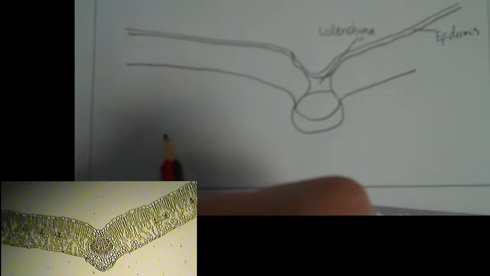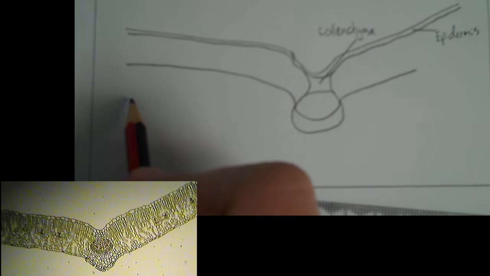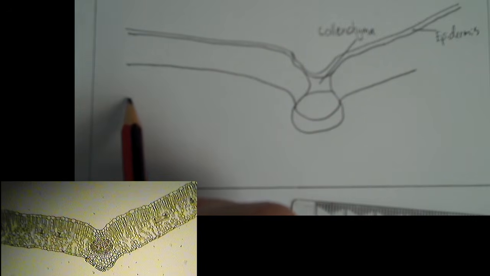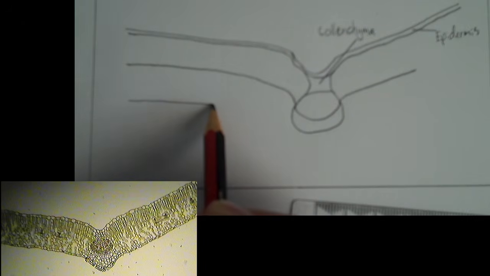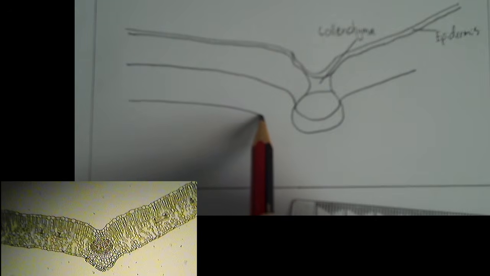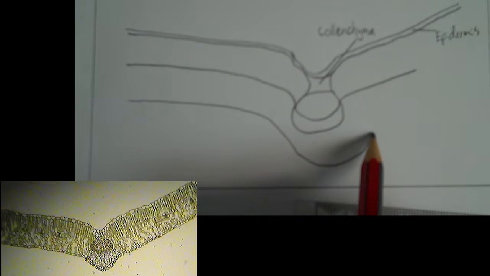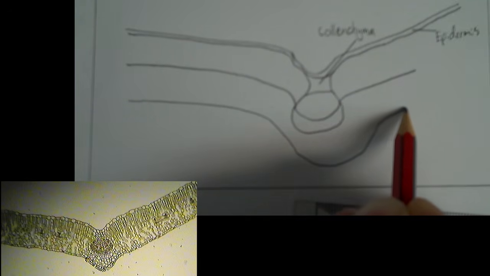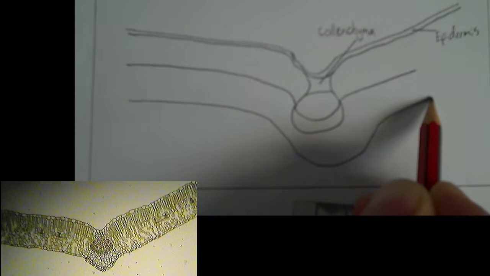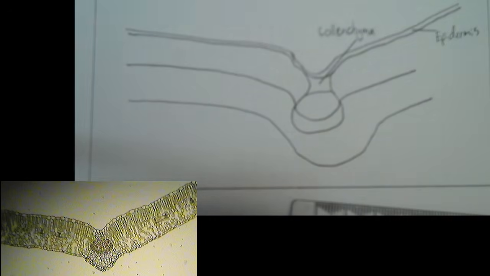Okay, now let's try and draw in the lower epidermis. So about the same thickness here in this example. So drawing a line here. And remember, now we need to make that a double line.